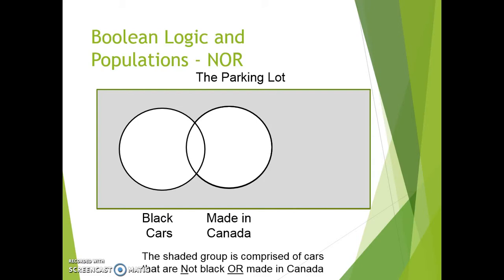The shaded group is not black or made in Canada. And so it's the exact opposite of our OR set. One way of looking at it, and maybe the best way, is saying it's the group that are not the group that fits the OR criterion.